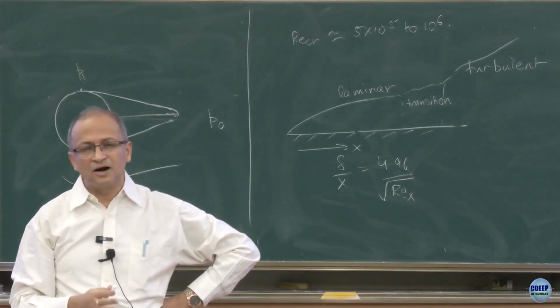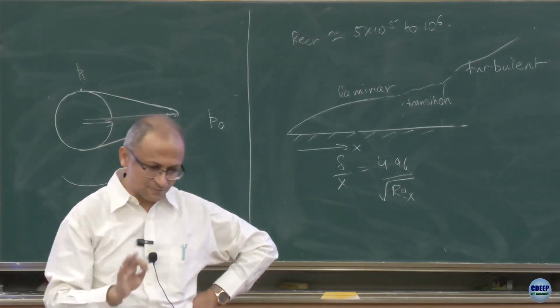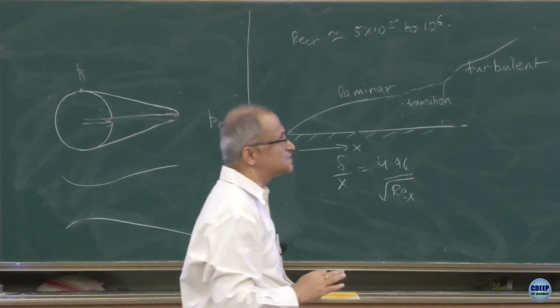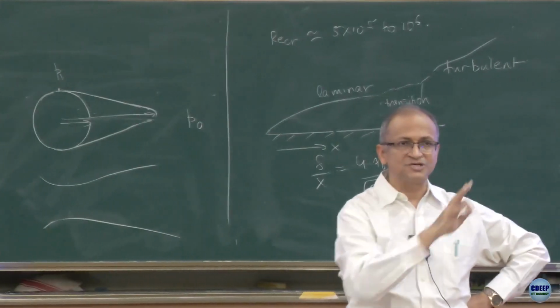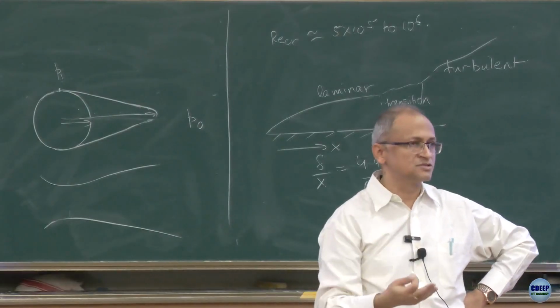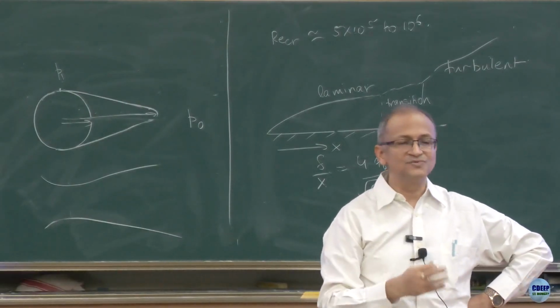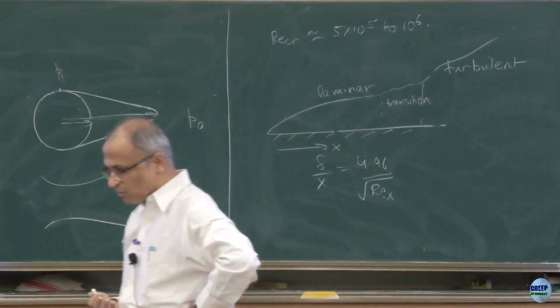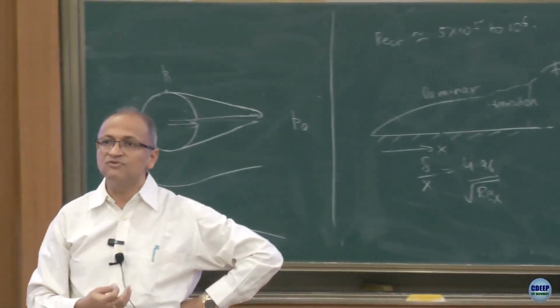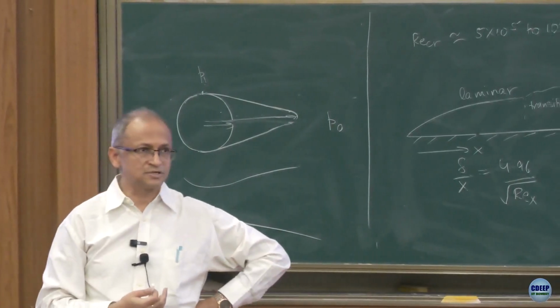Now this is really a loose statement. Just because there is some vortex shedding or some flow separation region that is forming, that does not mean that the flow is turbulent. We will see that there are certain characteristics that the flow should satisfy, and only if these are satisfied will we say that the flow is actually turbulent.